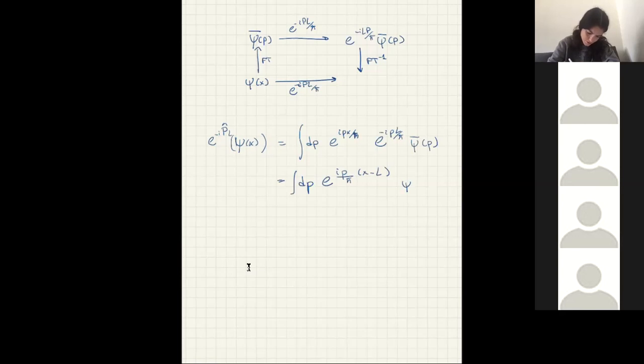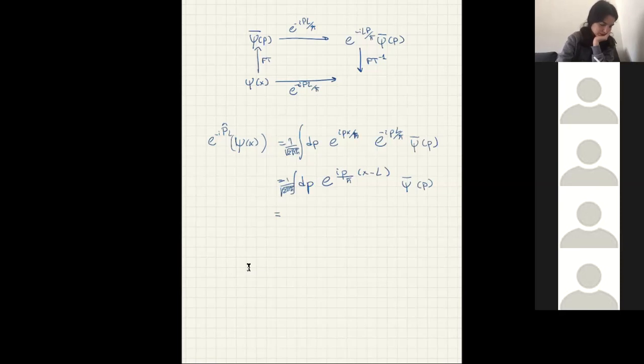Right, chuk of p. Well, but now, and our usual constant, 2 pi h bar. Right, 1 over square root of 2 pi h bar. Good. But now, what's inside here?